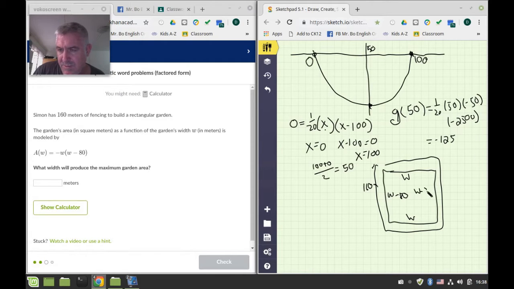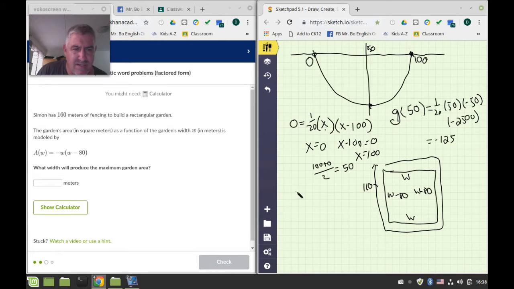And over here is also W minus 80. So our area is negative W times W minus 80, okay? So they want to know what width will produce the maximum garden area.